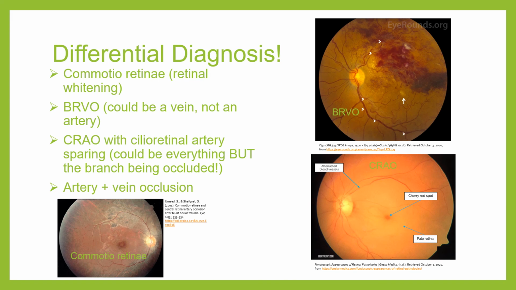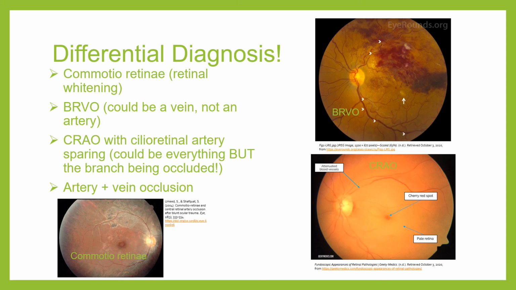So with every patient presentation, we should have a differential diagnosis. As mentioned before, the retinal whitening could be due to commotio retinae from trauma, and it could actually be a vein instead of an artery, making it a BRVO instead of a BRAO.